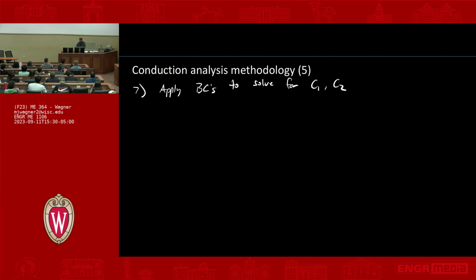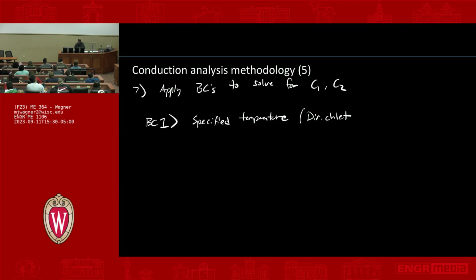Let me just tell you what they are, give you some examples, and then you'll look at this more in your discussion. BC type 1 is a condition sometimes called specified temperature. The formal name for this is Dirichlet. Told you everybody was French.